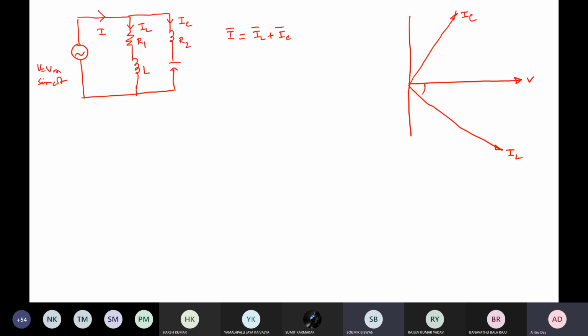So if this is your phi L and if this is your phi C, what is your phi L? Phi L is equal to cos inverse R by ZL, which is equal to root over R square plus omega square L square. And phi C is equal to cos inverse R by root over R square plus 1 by omega square C square.